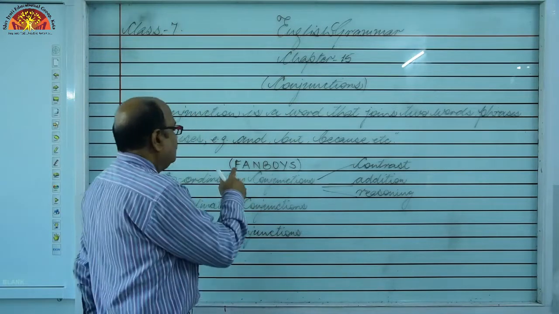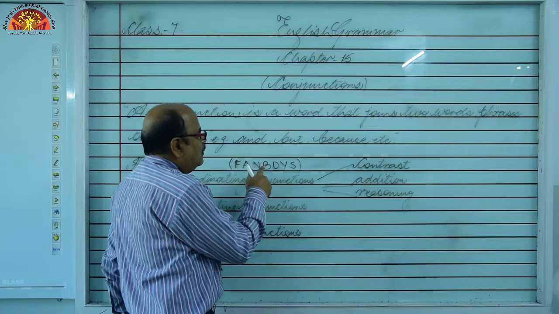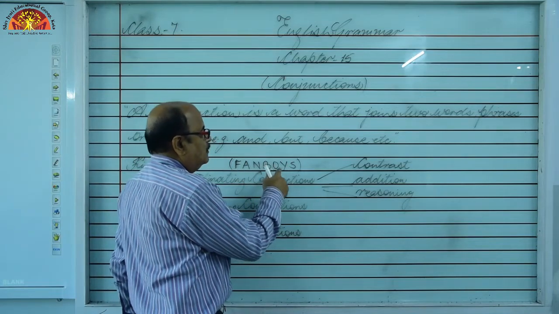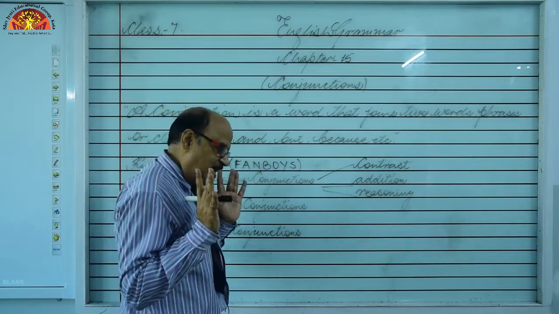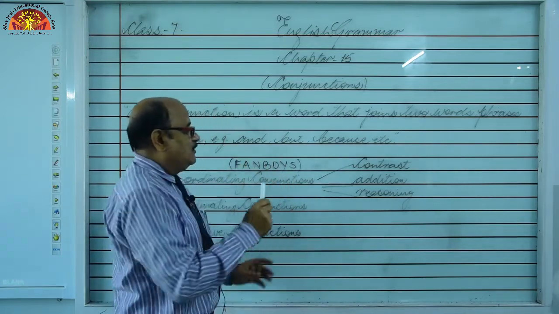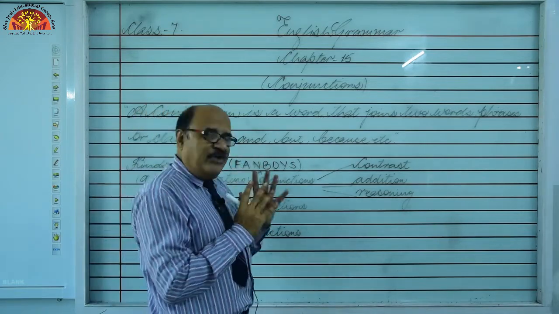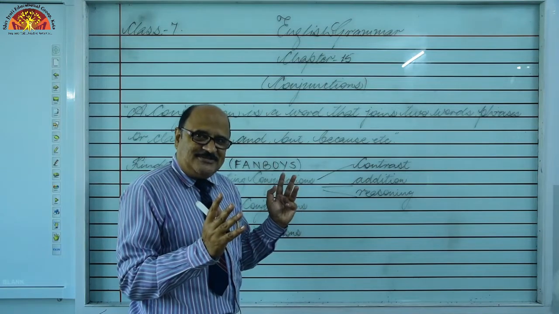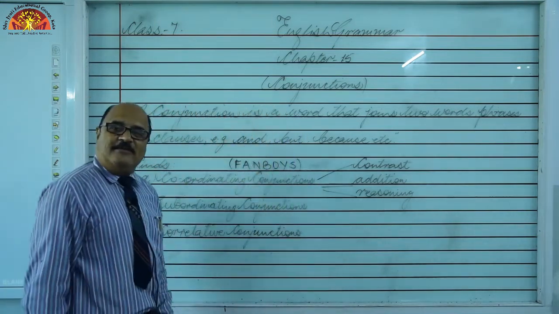Let me repeat: for, and, nor, but, or, yet, and so. So, in short, using these linking words, when we join two sentences, two phrases or two words, these conjunctions are known as coordinating conjunctions.